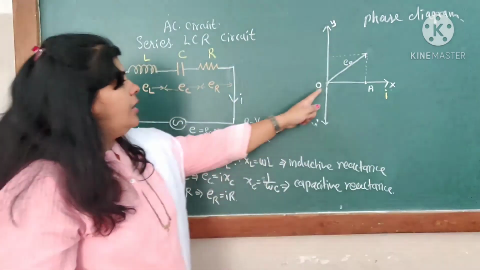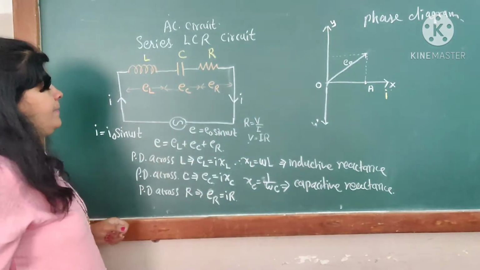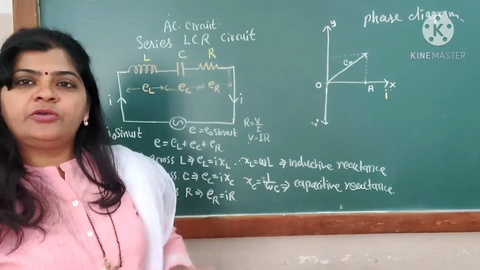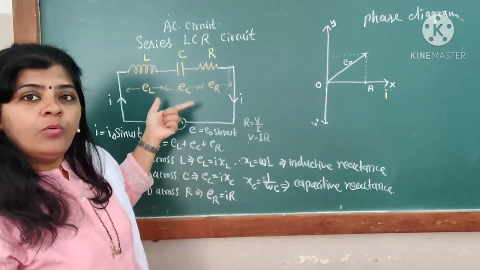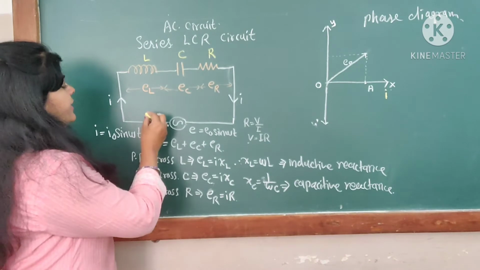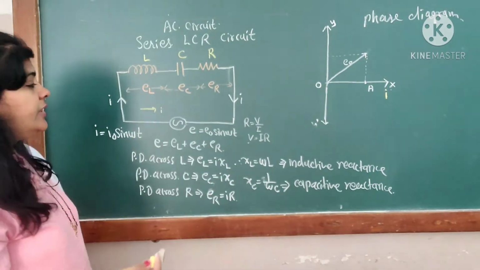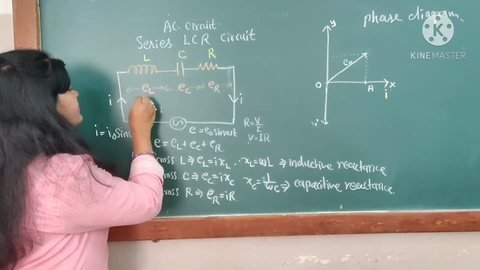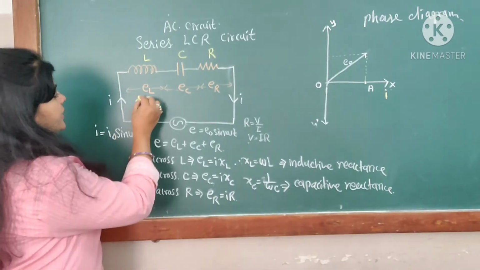First, recall the previous diagrams: the purely inductive circuit, the purely capacitive circuit, and the purely resistive circuit. What is the phase diagram of each? In the x direction is the current, and along the y direction the EMF is produced, and that EMF leads the current by pi by 2.